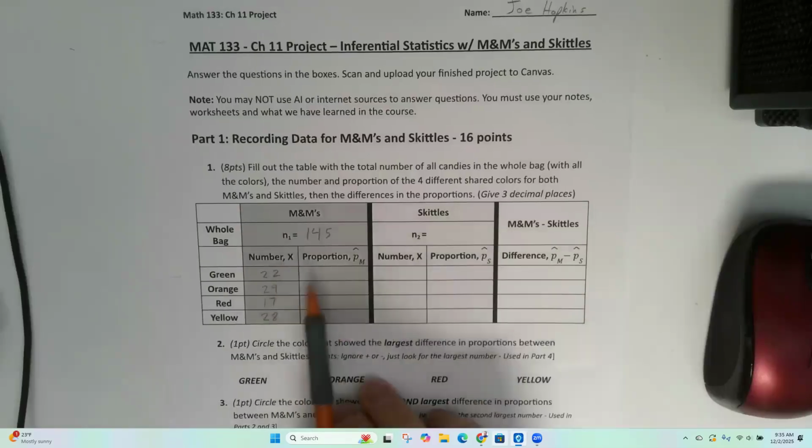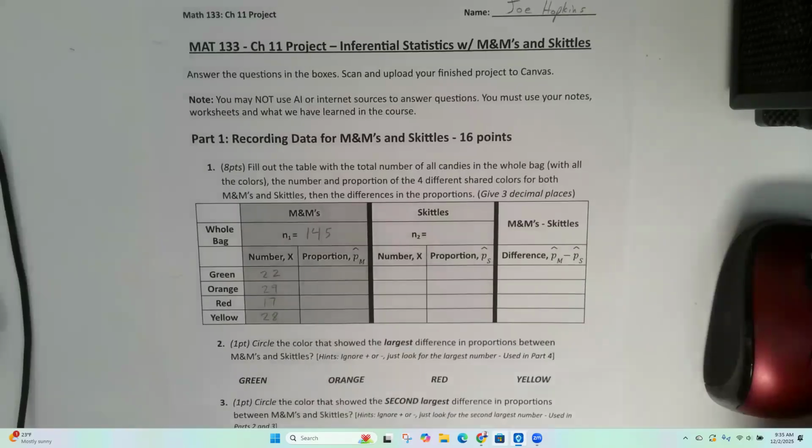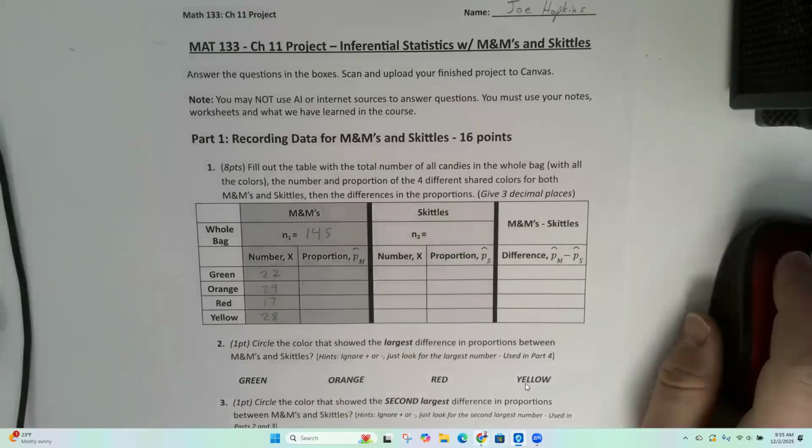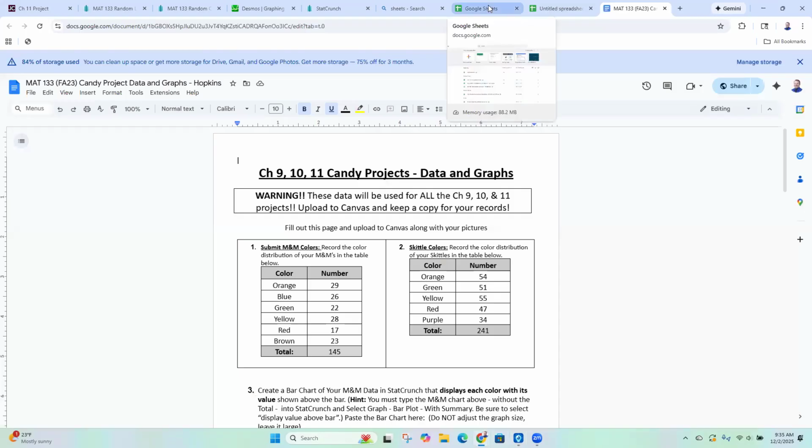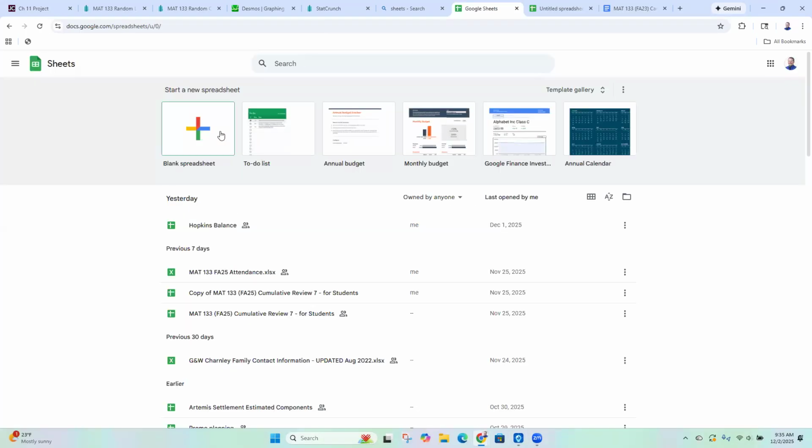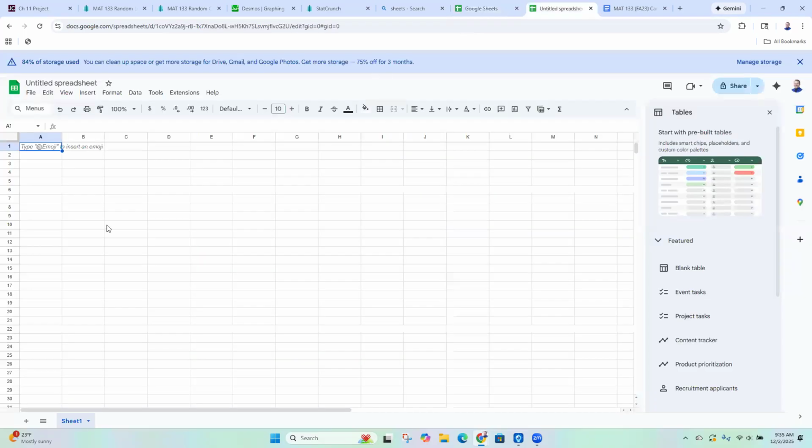And I'm lazy, so I'm going to do this in Sheets. If you go to Google Sheets and you click on this plus for a blank spreadsheet here, I can put in my numbers for M&Ms and so on. So green, orange, red, yellow.